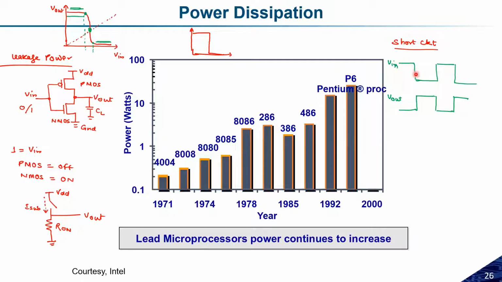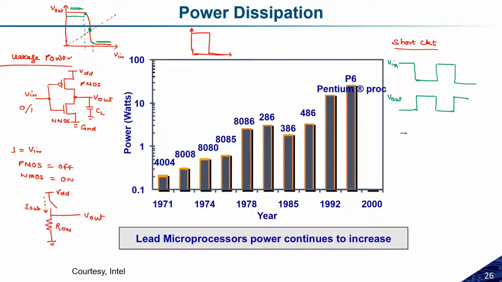But here there is a transition in the input from logic high to logic low. If this transition time is not 0, if there is some finite time, there is some time at which both these devices will be in the saturation region. If both devices are in the saturation region, the current profile will look like this.